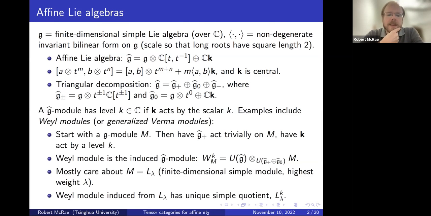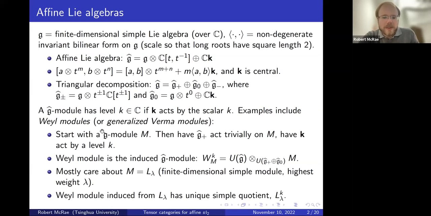So we're interested in G hat modules at a fixed level. The basic examples are the generalized Verma modules, or Weyl modules. I'll call them Weyl modules in this talk since it's shorter to say and to write.